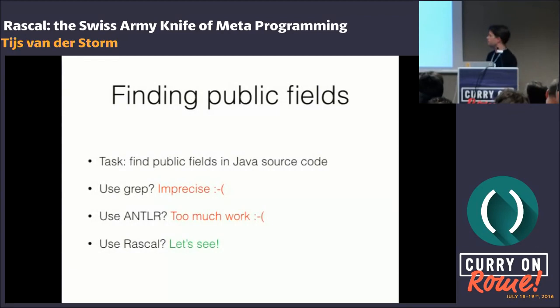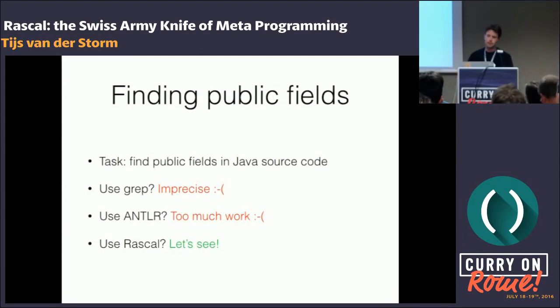But there's a risk that this is very imprecise, because grep will also match in comments or in string literals. And maybe there are different forms of declaring a public field, and you have to write horrible regular expressions. So this is very low tech, and we're not going to do that.